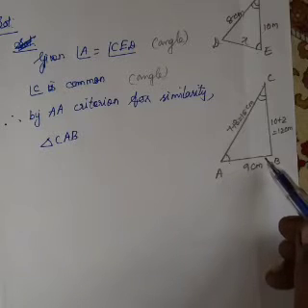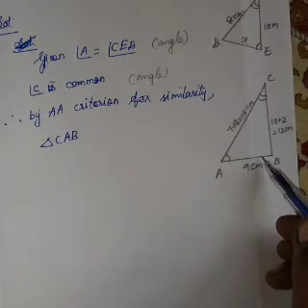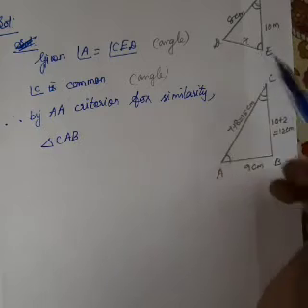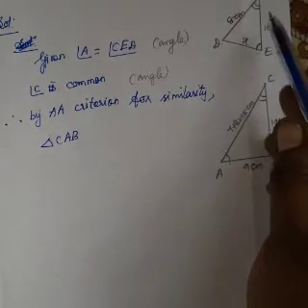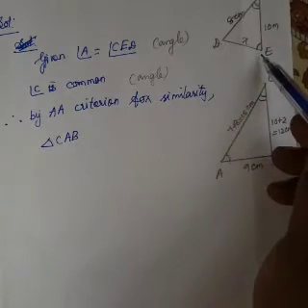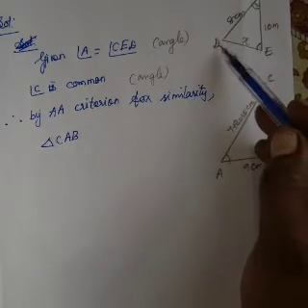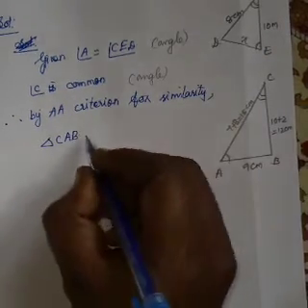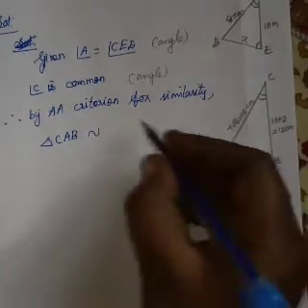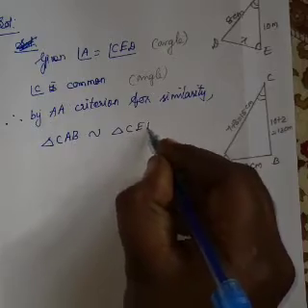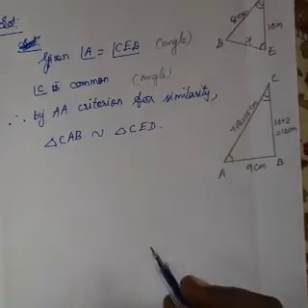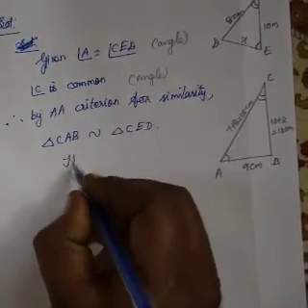Understood? Why it is given like that only? Then we have to check the next one. Angle C is the common angle, and angle E is the equal angle with A. Then the third vertex D is similar to the other triangle CED. So we got it correctly. Okay, hence proved.